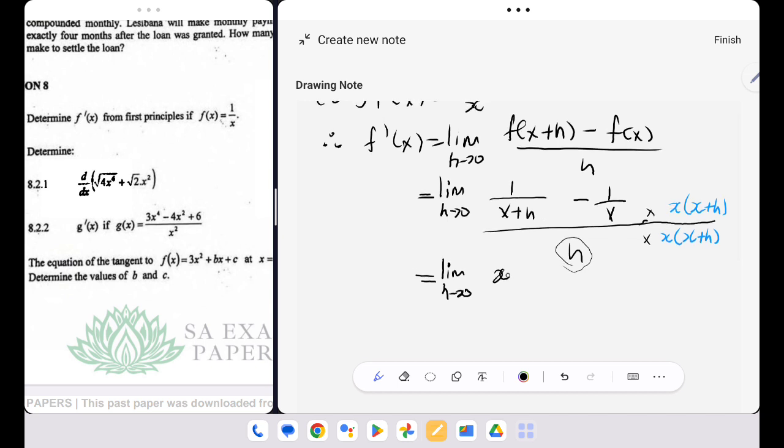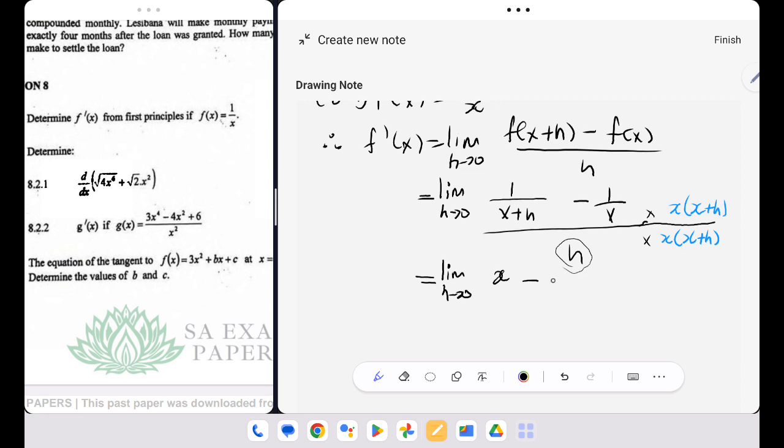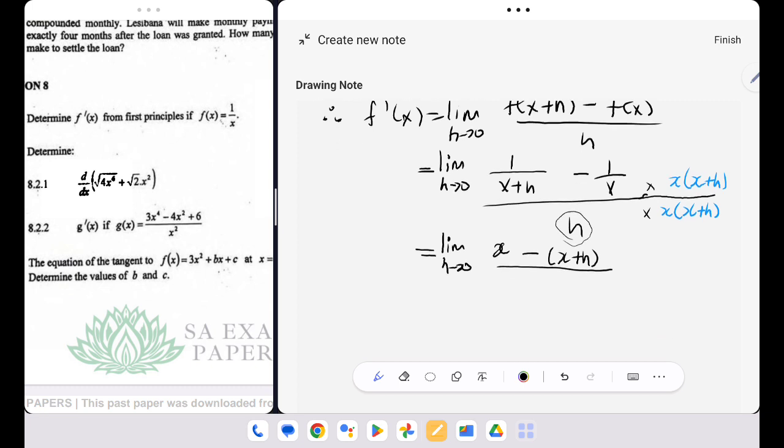So I'll be left with x minus, whenever I take 1 over x multiplied by the LCD, the x's will cancel. Then I'll be left with x plus h multiplied by 1, which is just x plus h. And then I'll still have my h, x, and x plus h because they're multiplying.